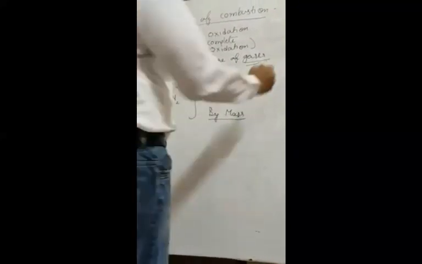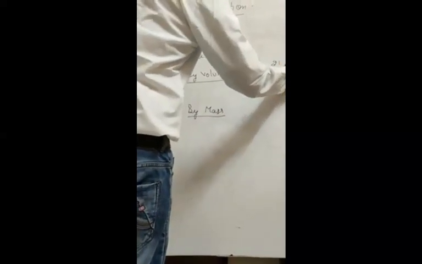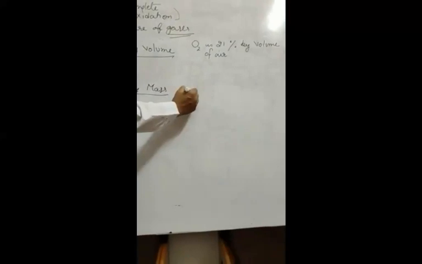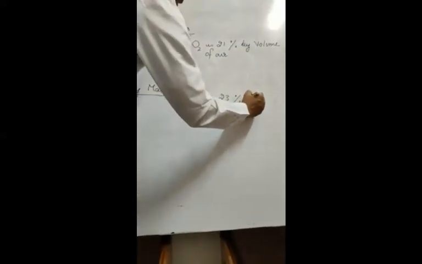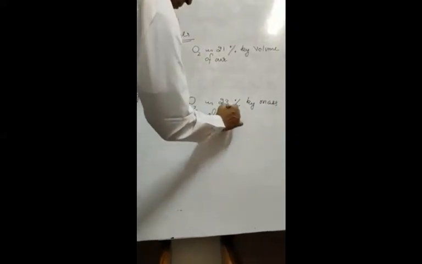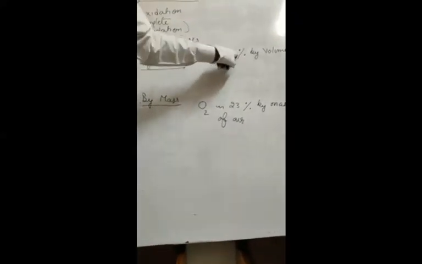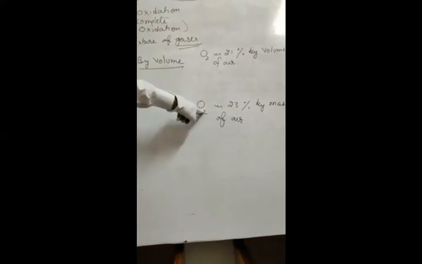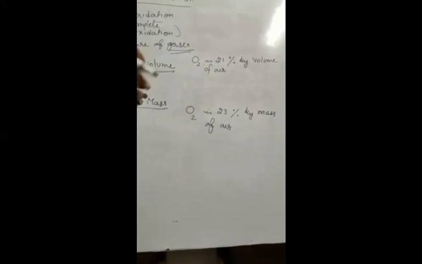By volume, oxygen is 21% of air, and by mass, oxygen is 23% of air. So the important thing is that oxygen is 21% by volume of air, and 23% by mass of air. Other gases are also present, but only in traces.